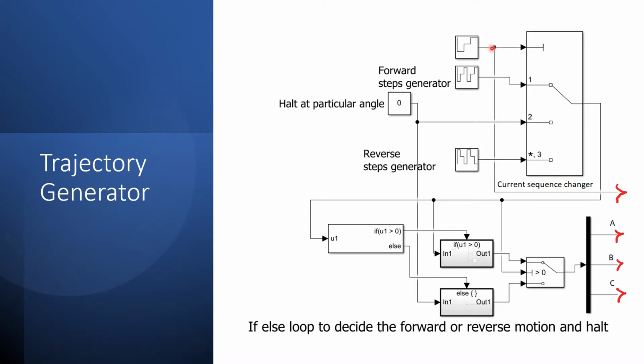So when we change the sequence from forward to reverse or reverse to halt or halt to forward, that signal is sent to the current sequence changer circuit which is used in the current controller. So these 3 points A, B, C are connected to the current controller logic to turn on the switches A, B, C that are connected to excite the phases of the stepper motor.